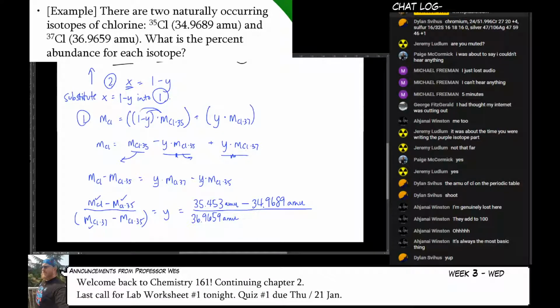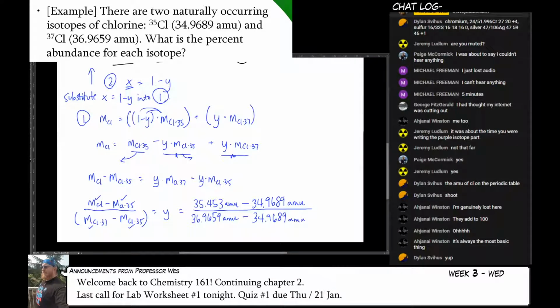Got that one. And then this one's just the same thing as above. They don't cancel because that's not how subtraction works, right? There we go. That's going to equal y, which will represent the percentage of whichever variable it was. So that looks like it was chlorine-37's percent.